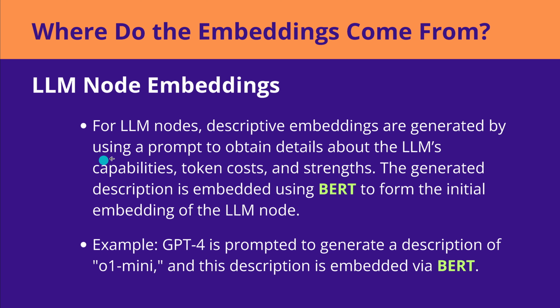Descriptive embeddings are generated using a prompt to obtain details about the LLM's capabilities. So GPT-4 is prompted to generate a description of O1 Mini, which is interesting in itself.